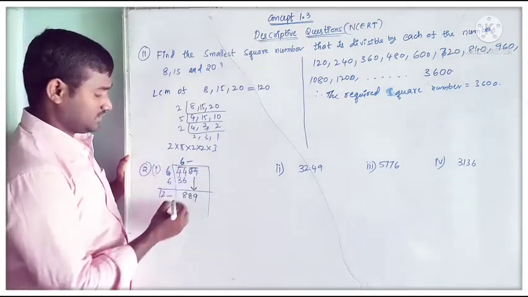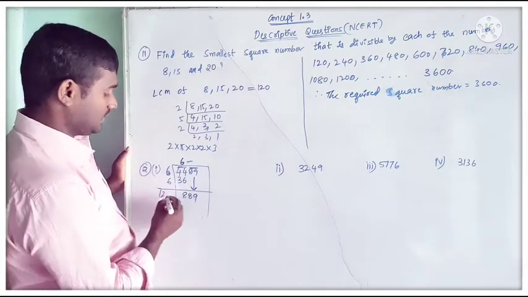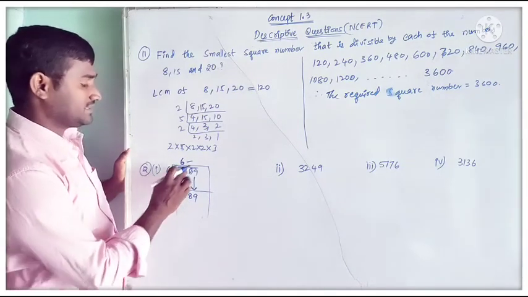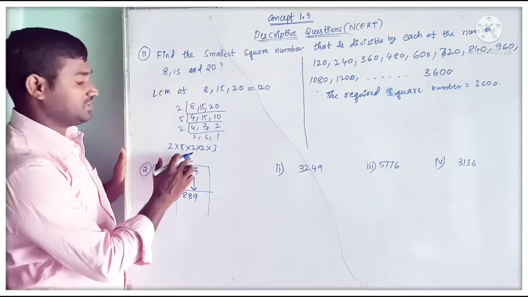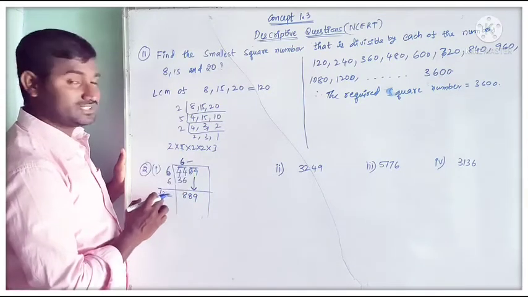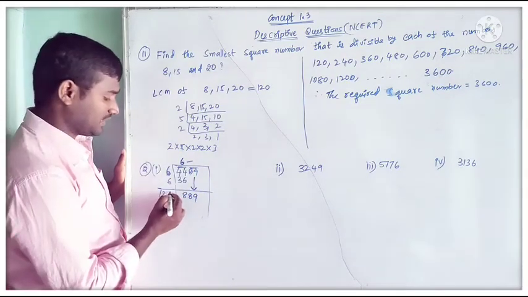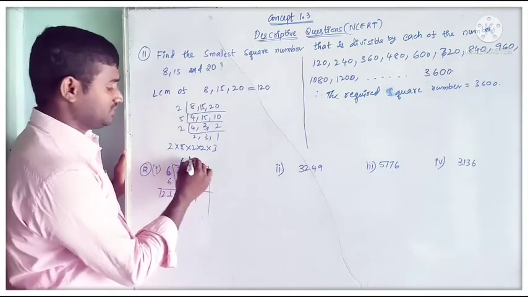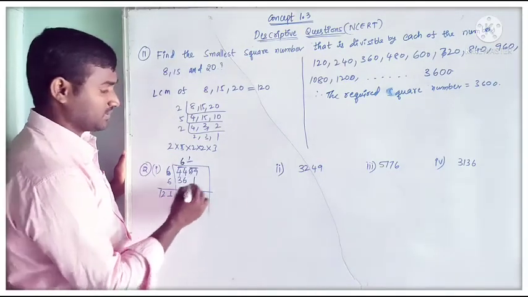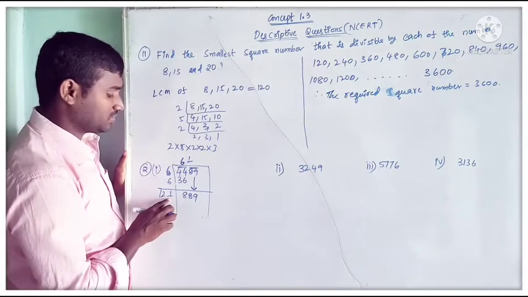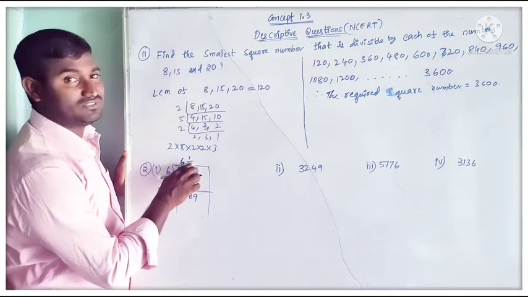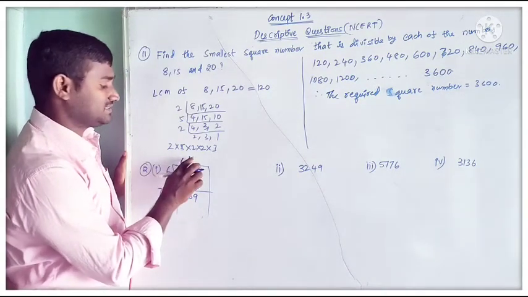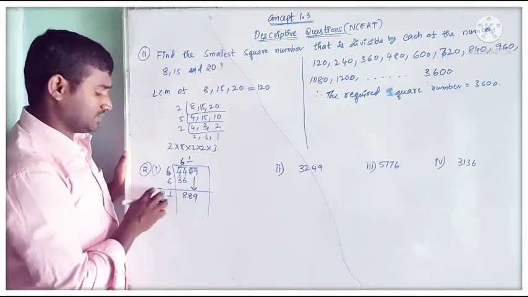Which digit are you going to write? The same digit we write here, and we multiply it with this whole number.